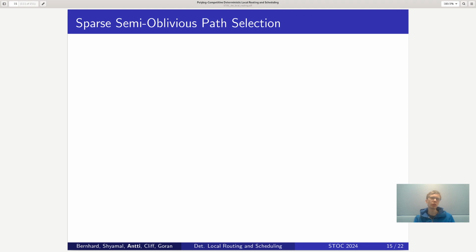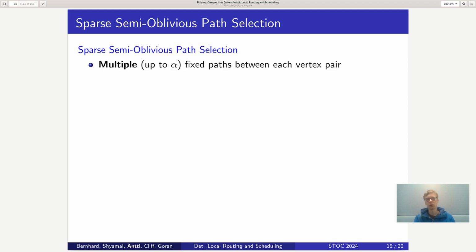So first, what is sparse semi-oblivious path selection? Well, the core idea here is we cannot obliviously and deterministically select one path for each packet. What if we select multiple? So if we select alpha paths between each vertex pair, well, first of all, what does that even mean? Well, sure, we can select multiple paths for a packet.